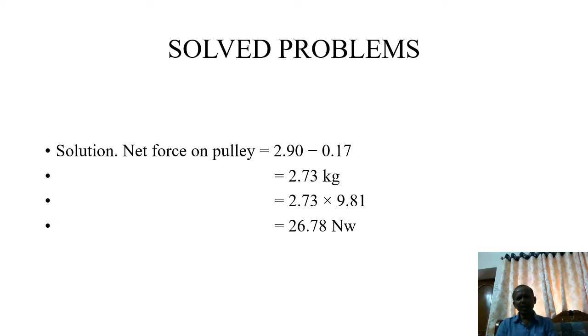The force applied on the pulley is 2.73 kg. 1 kg is equal to 9.81 Newton. So 2.73 into 9.81 is equal to 26.78 Newton. That is the net force applied on the pulley.